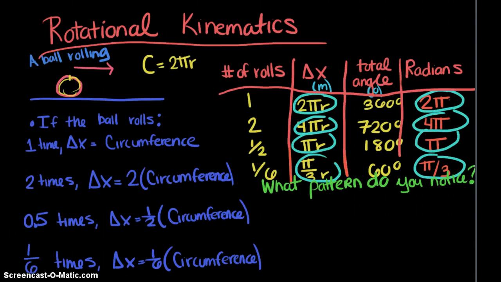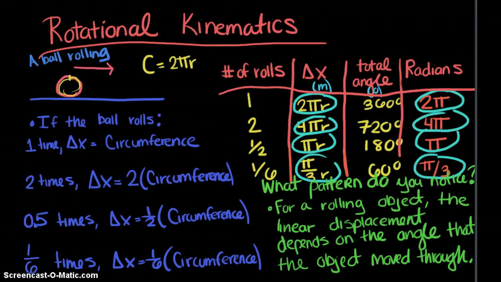You can notice in each of those columns they're the same. When we have this rolling object, the linear displacement depends on the angle that the object moved through. So when we only have a rotation of 2 pi, the delta x is 2 pi r. And rotations double that produce 4 pi in terms of the angle and 4 pi r in terms of the displacement.